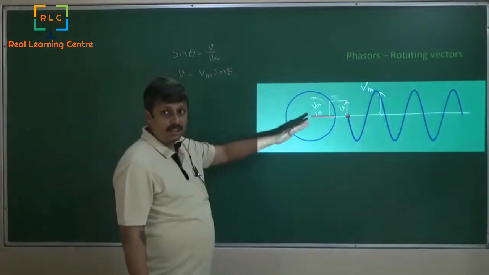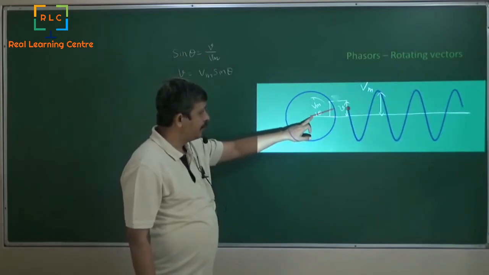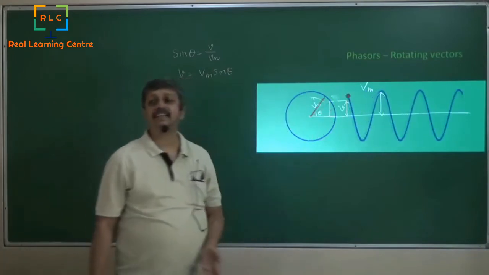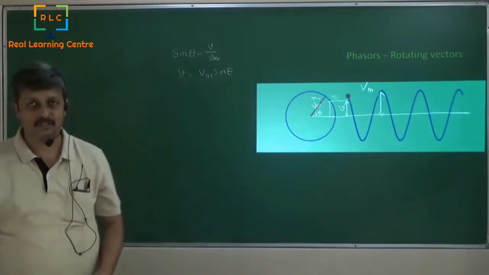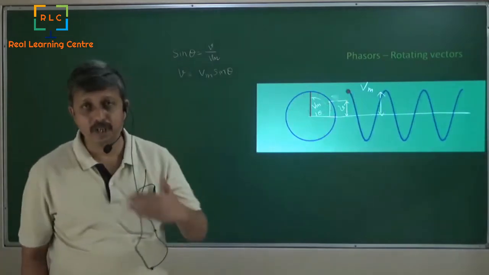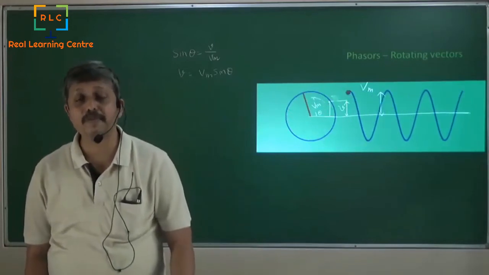So that doesn't change. The only difference is that one line may be going behind or in front of the other line, depending on the other wave. The other wave can be another voltage wave or another current wave. Anything, we can represent them.